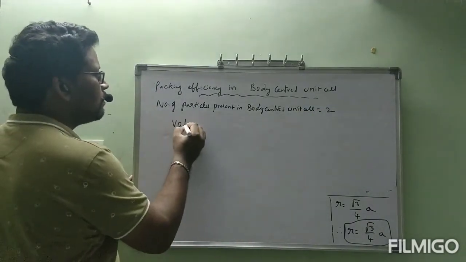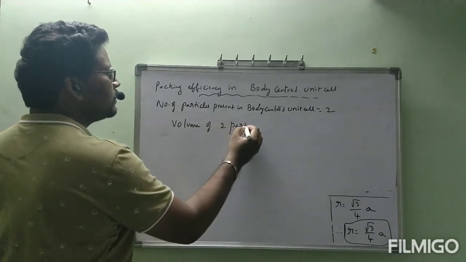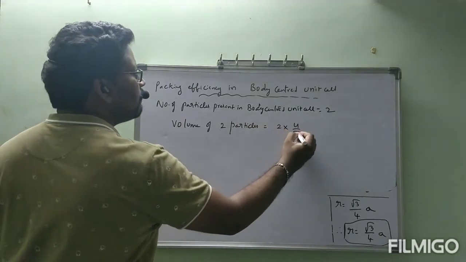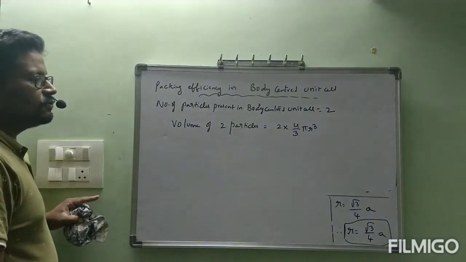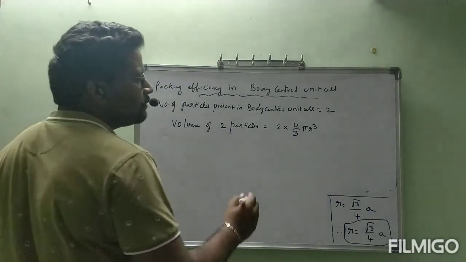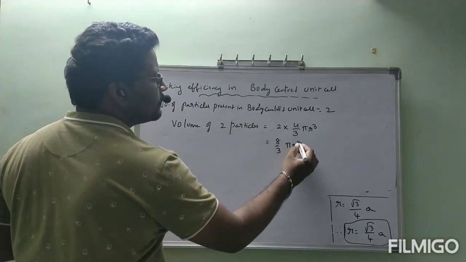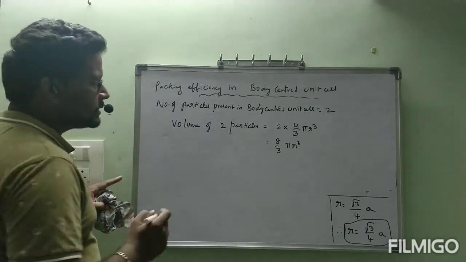So volume of 2 particles is equal to 2 into 4 by 3 pi r cube. Volume of 2 particles equal to 2 into 4 by 3 pi r cube is equal to 8 by 3 pi r cube. This is the volume of 2 particles.